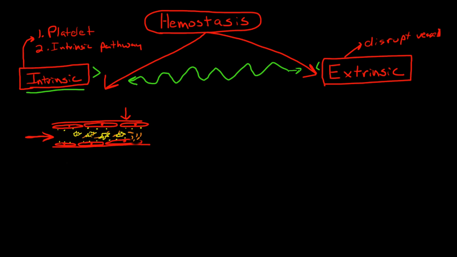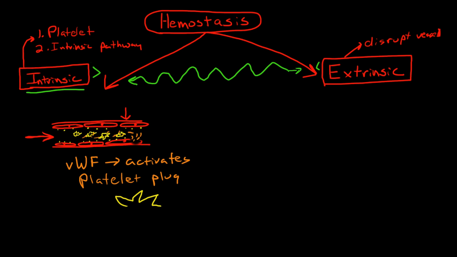So we have von Willebrand factor activating platelets, and the platelets form a plug. The exact mechanism by which this occurs is that proteins on the surface of platelets are actively binding with fibrinogen, and we get linkages between platelets.